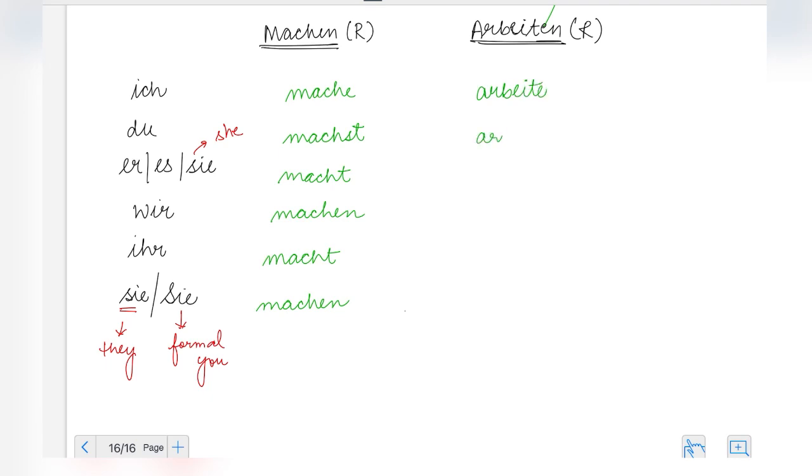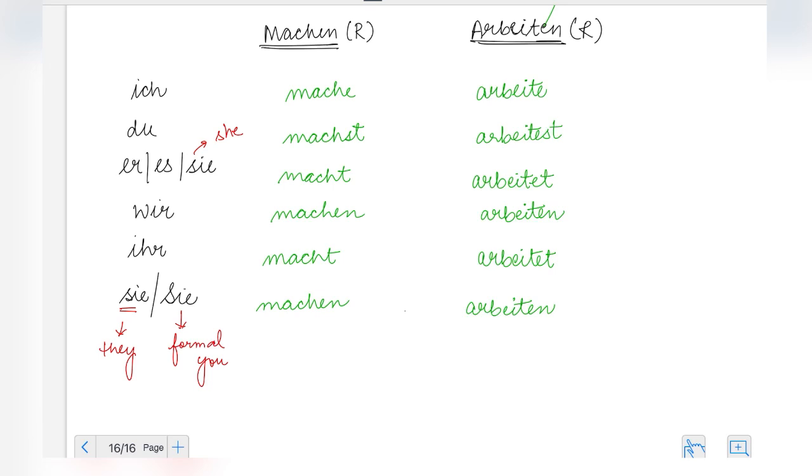Du arbeitest, er, es, sie arbeitet, wir arbeiten, ihr arbeitet, sie arbeiten. So these are the conjugations of the regular verbs.